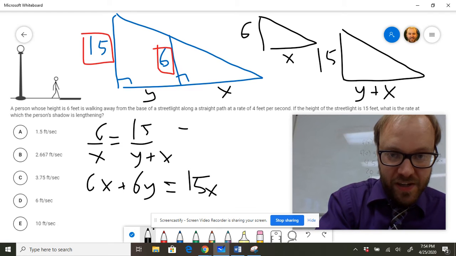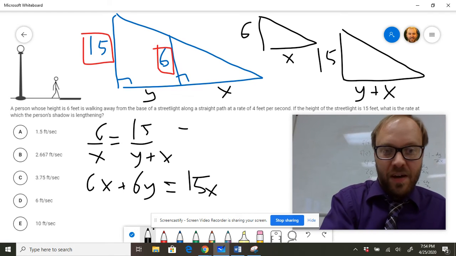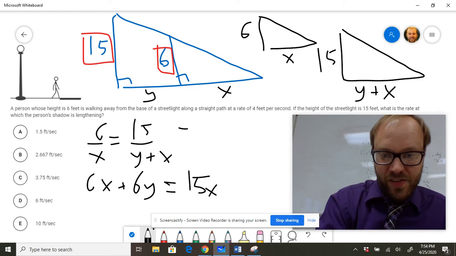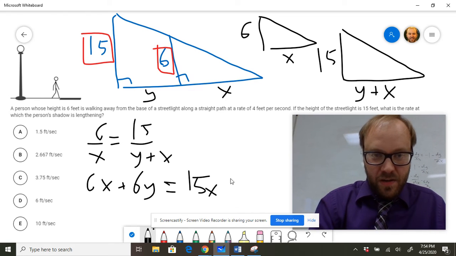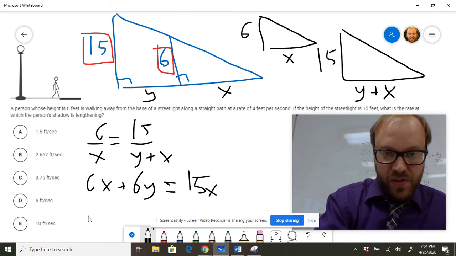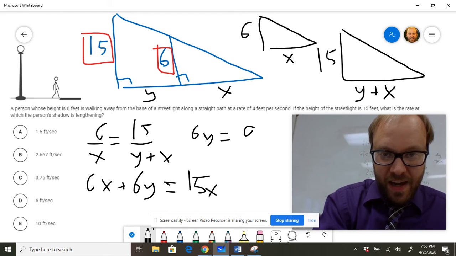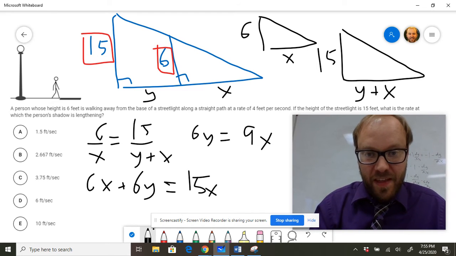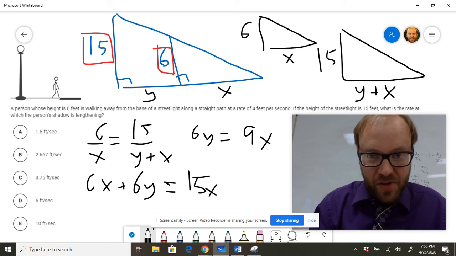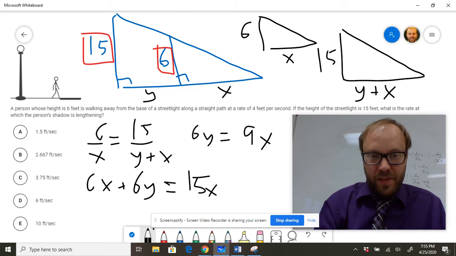I'll subtract the 6x from both sides, and we'll end up with the equation that 6y is equal to 9x. And in fact, you could even simplify that down to 2y equals 3x if you'd really like to.